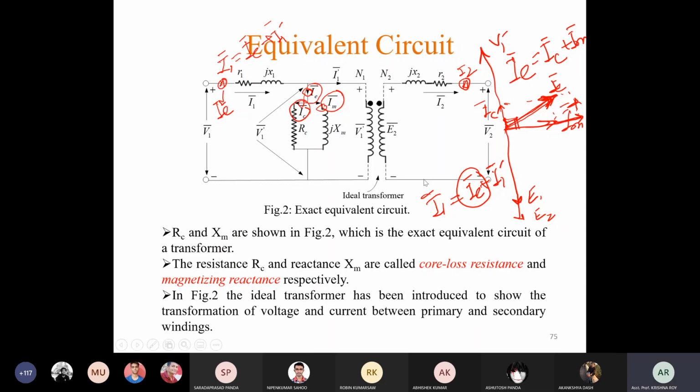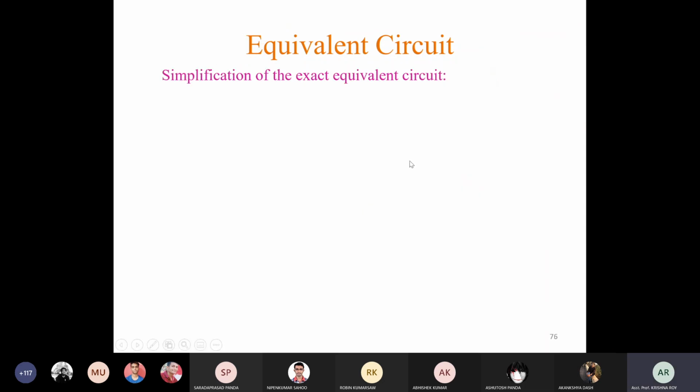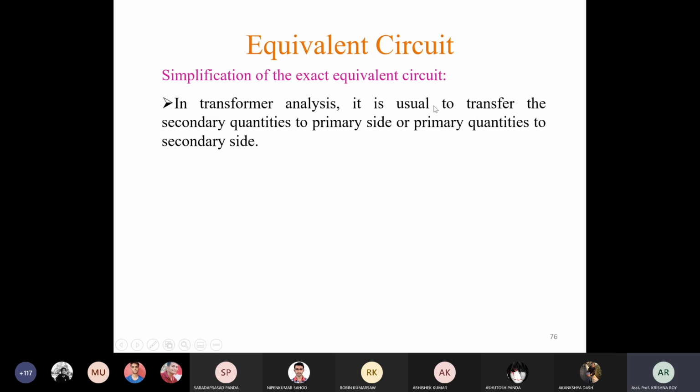Okay, so going to next, that is simplification of the exact equivalent circuit. Now we have learned the technique of referring any quantity or parameter from one side to the other side. In practice, normally secondary quantities are referred to the primary side or primary quantities are referred to the secondary side, so that we can have an equivalent circuit referred to either side.